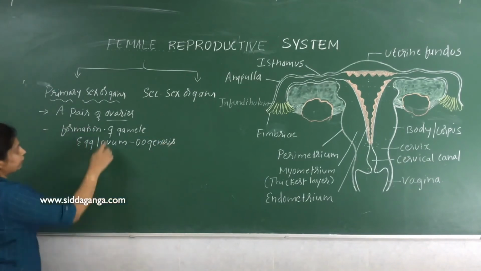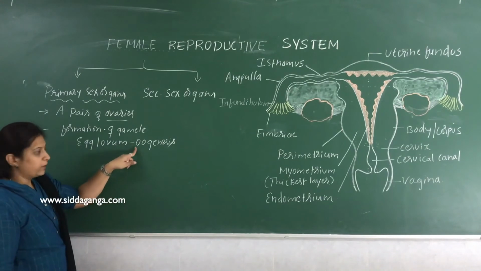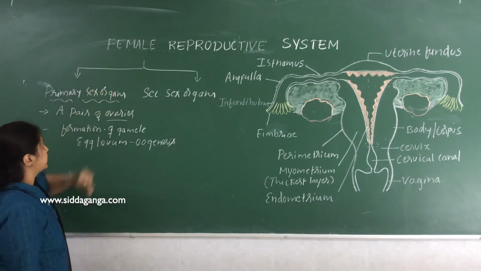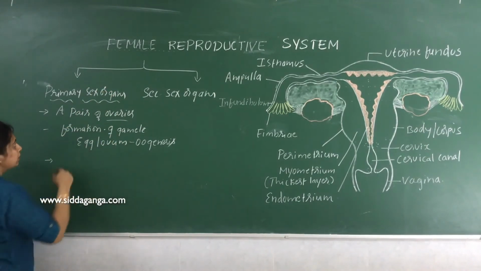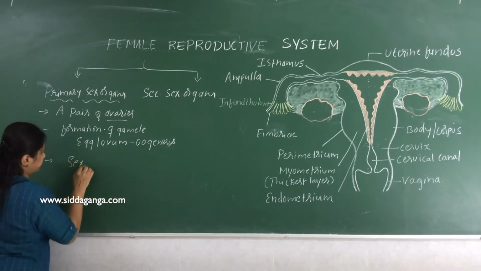Right. What is the function of ovaries? Oogenesis. They are directly involved in the formation of gametes. So ovaries are considered the primary sex organ. And apart from producing the gametes, the ovaries also secrete sex hormones.